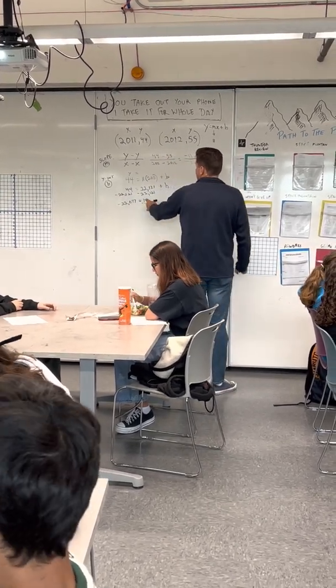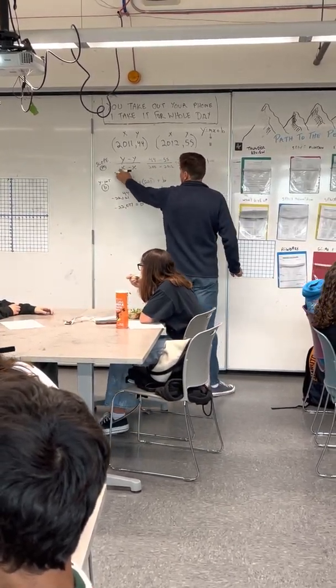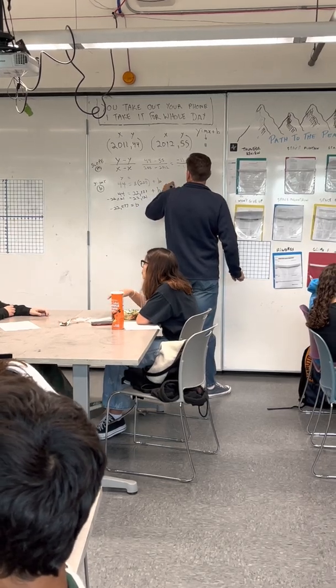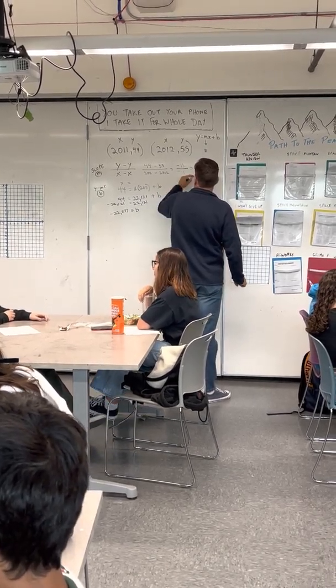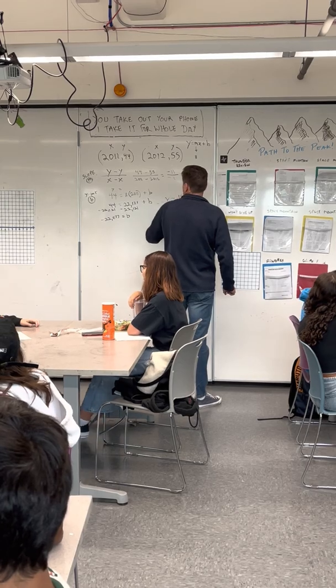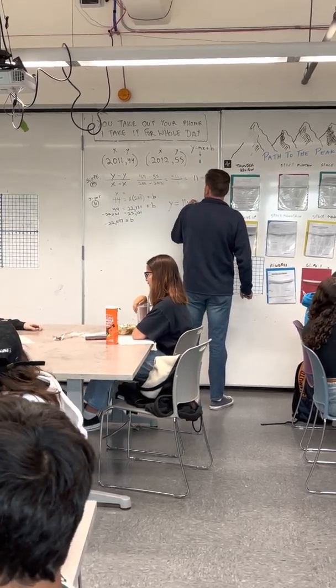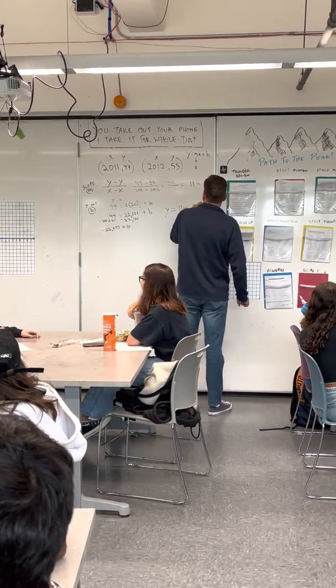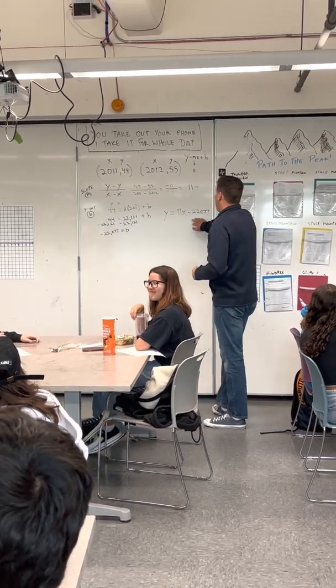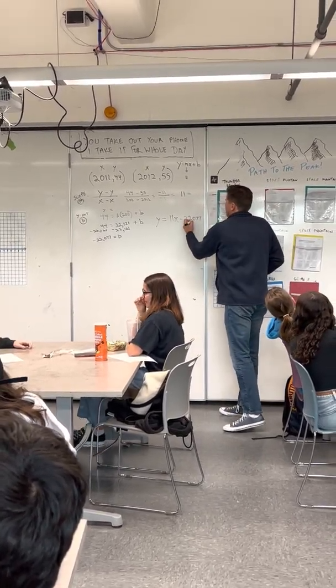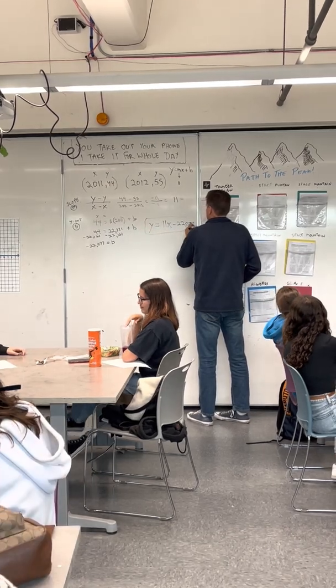Okay, so now I have my b and I have my m. So that means my equation is y equals m, which is 11x, plus b, which is minus 22,077. It's important that I have that, because that's my algorithm.